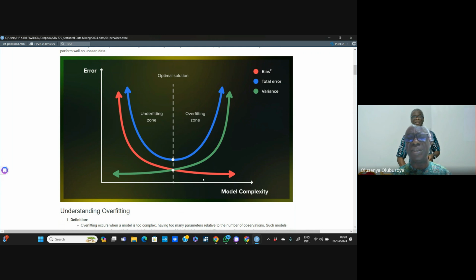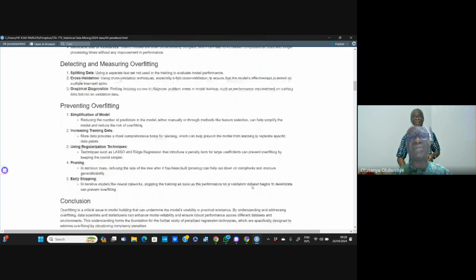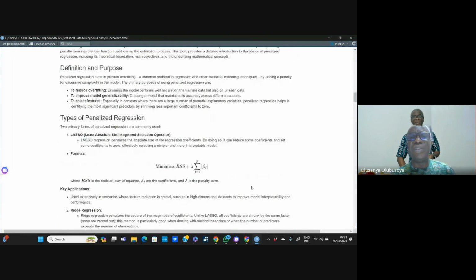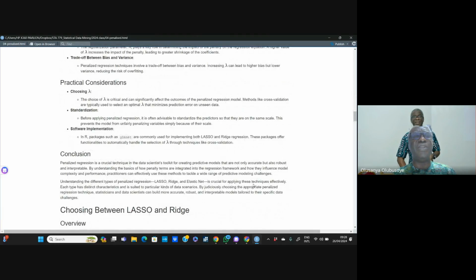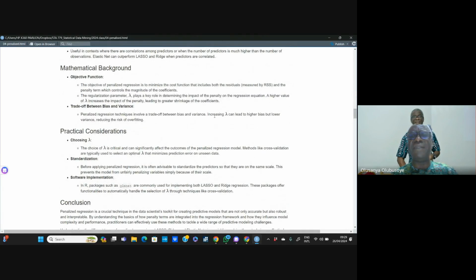As you increase the penalty, you are reducing the variance, and of course you are increasing the bias. That's what we call trade-off, until you have a sort of balance. You strike a balance and you get your optimal value.